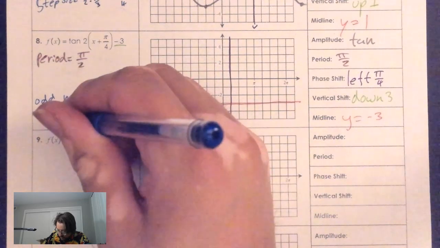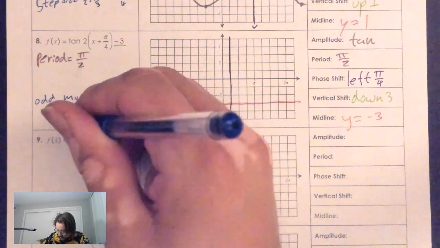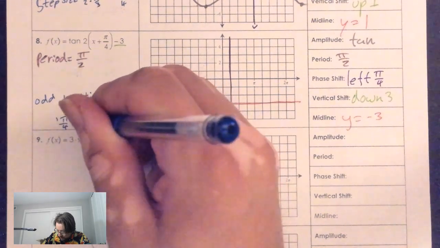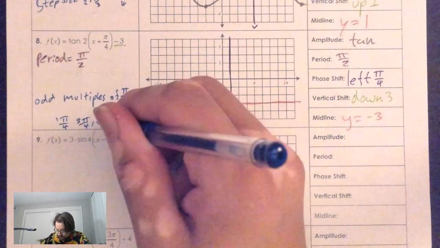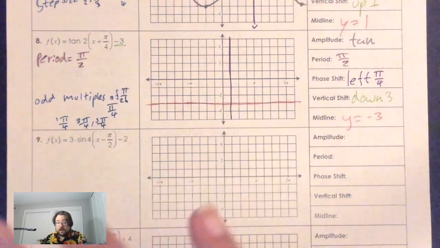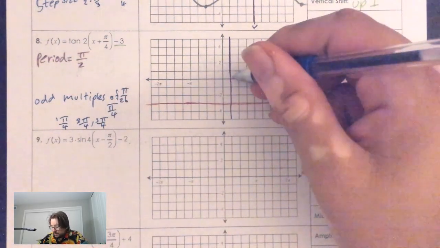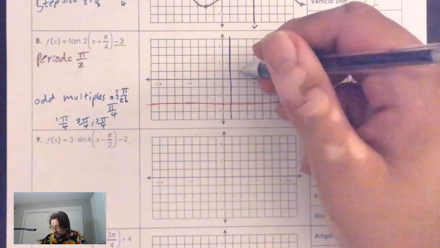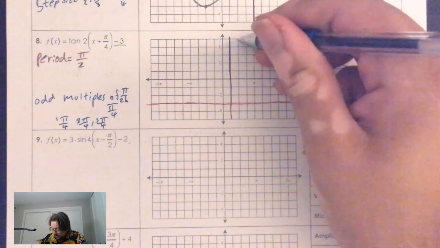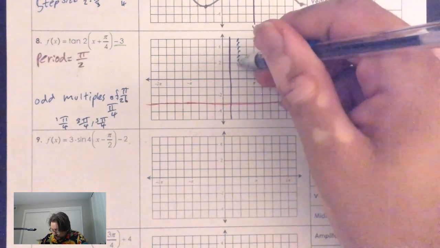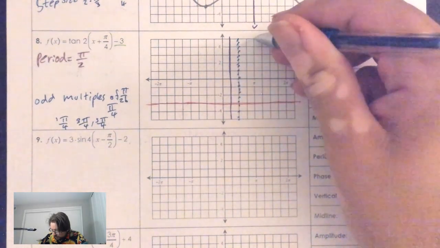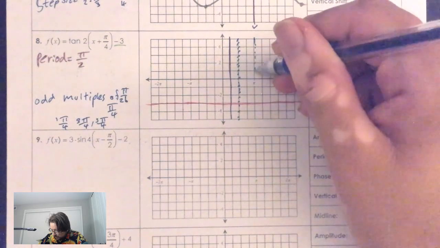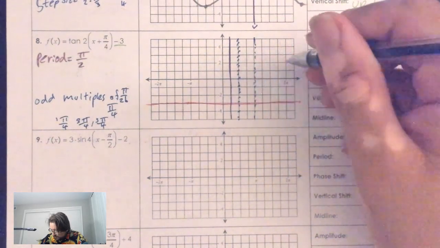So that's going to be 1 pi over 4, 3 pi over 4, and then the negatives as well. And I mean these values from the y-axis. And so since our y-axis transformed, I now know they're going to be over here instead. So that's pi over 4. That's going to be 3 pi over 4 away from our transformation.